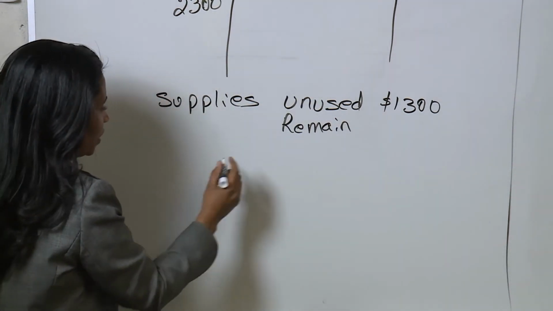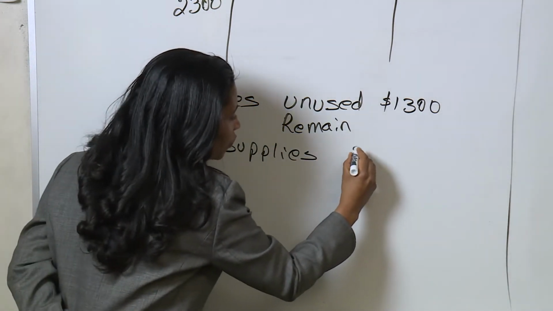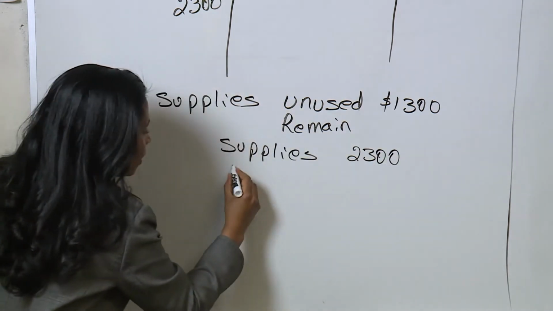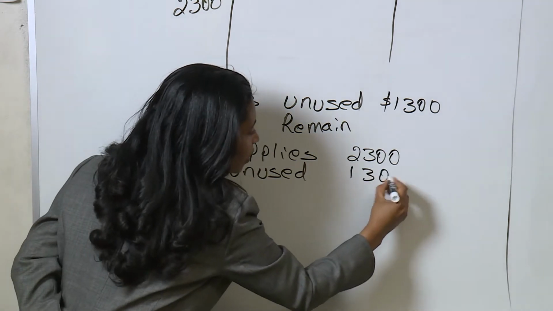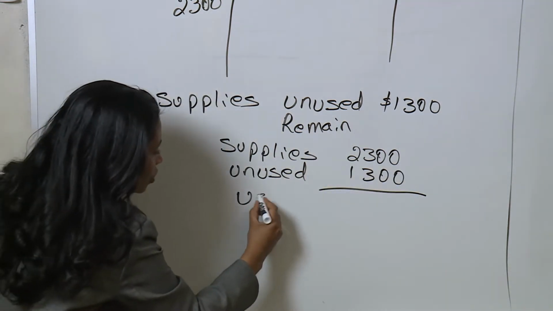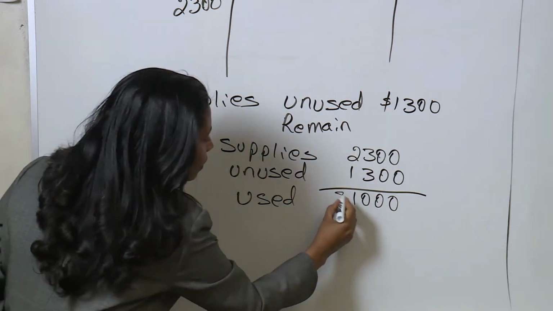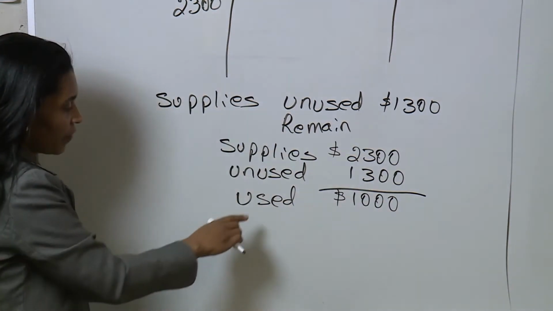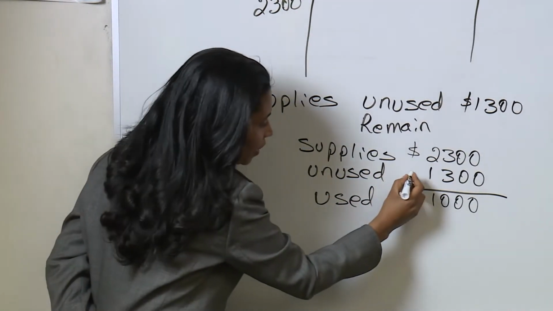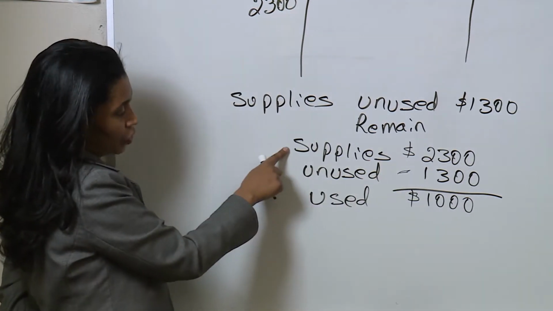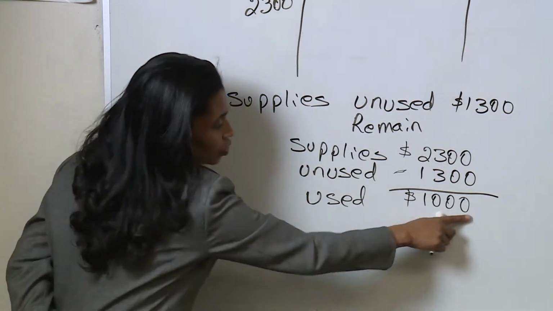That means if supplies is 2,300 and I subtract the unused, which is 1,300, the used will be just 1,000. By subtracting the unused from the total supplies, I figured how much we used. So the used one is 1,000.